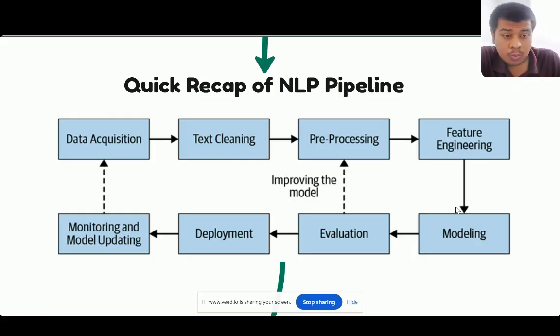Then the modeling can be done, and after that we can reapply heuristics to the output of the model, because sometimes the model might give us a controversial or error-based output. In that case we reapply heuristics, and then we display the output to the user.